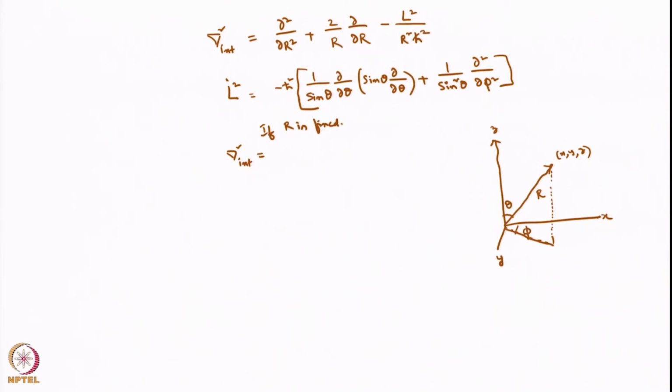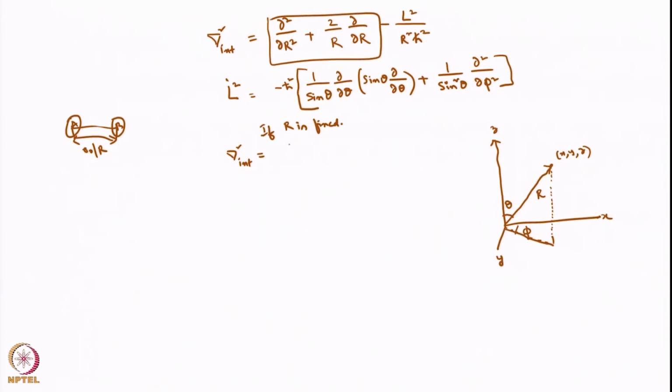I am fixing r because I am considering that the molecule AB has a fixed radius, r naught or capital R, it does not matter. If r is fixed, then of course you cannot have a derivative with respect to a constant. You can only have a derivative with respect to a variable. So, you can ignore these two terms. Then all you are left with is this.